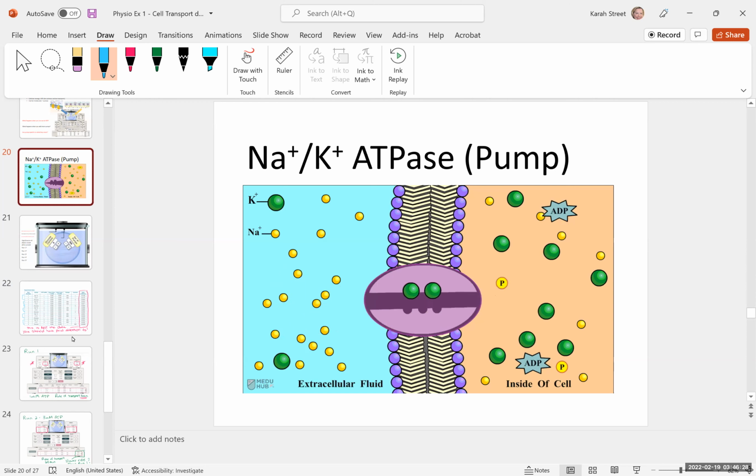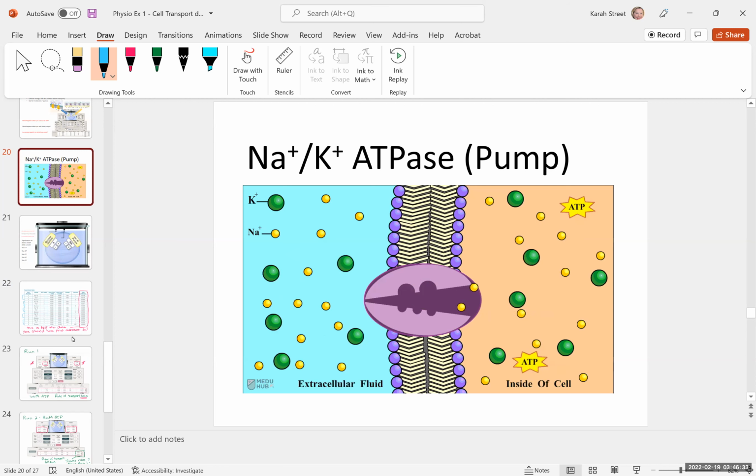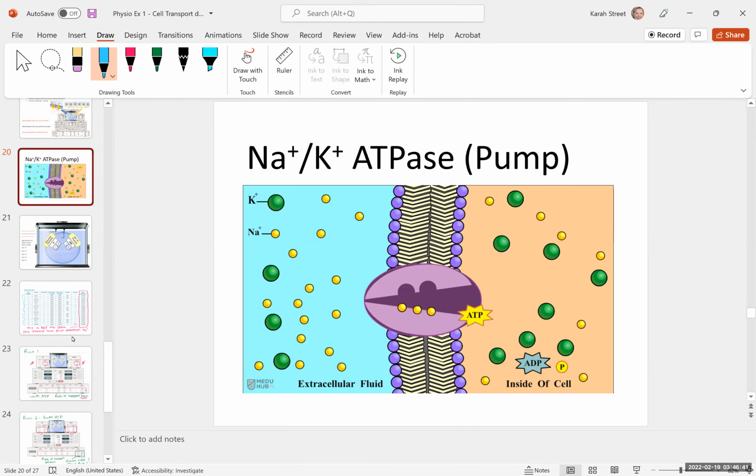And I also want you to pay attention that there is a physical interaction between this purple protein that you are seeing here that's actually moving these solutes, a physical interaction.